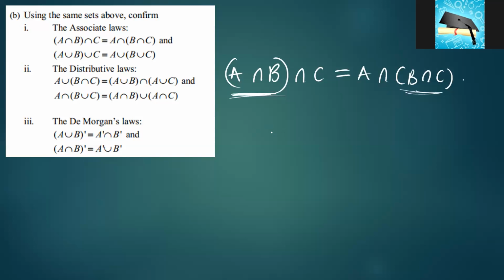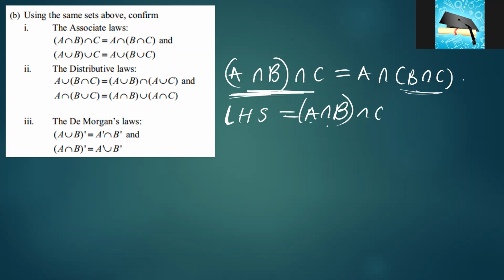So what this means is that we can first start with the left-hand side. If you are proving, you can start with either the left or the right, depending on which one seems to be more complicated. So we start with the left-hand side. The left-hand side is simply this part, which says A intersection B, then intersection C, but the brackets will first be here. So we first have to find what?